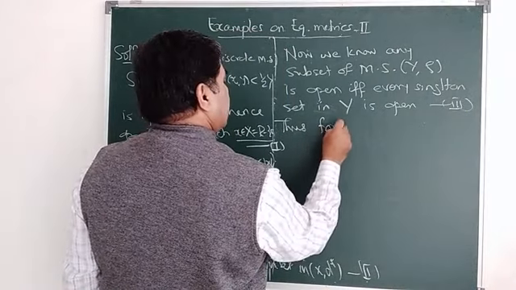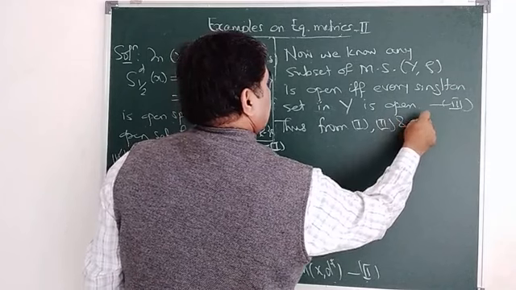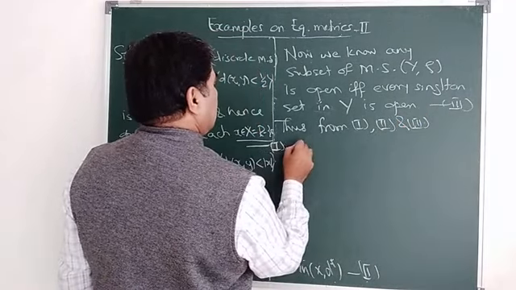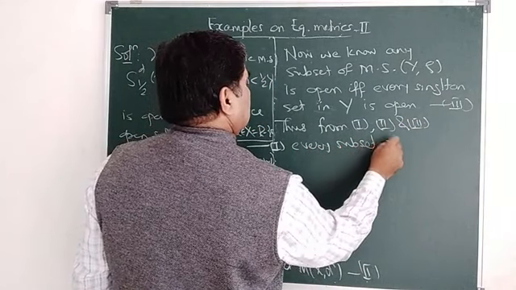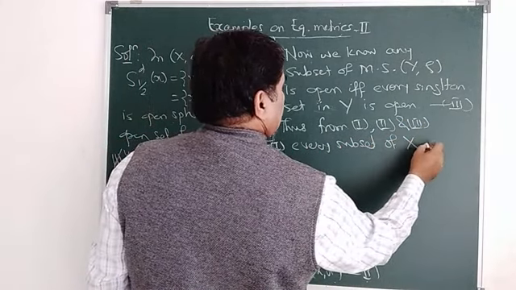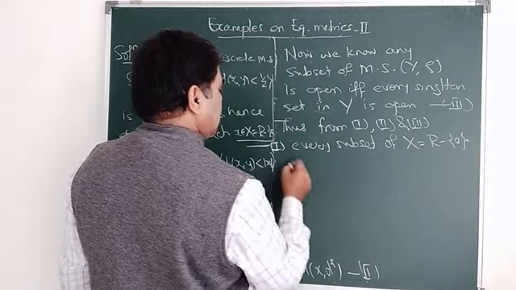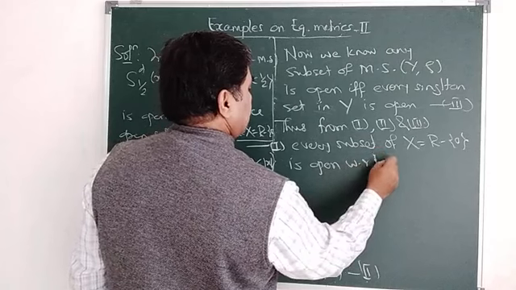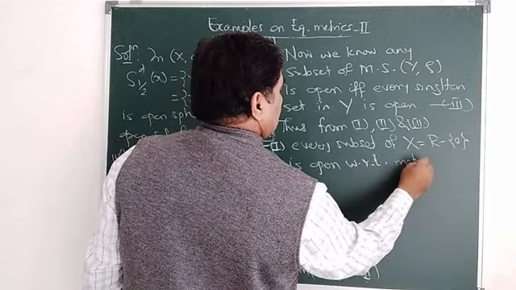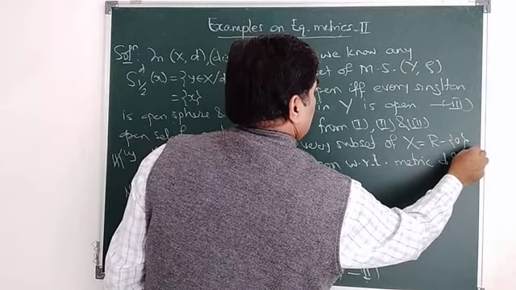From 1, 2 and 3, every subset of x is equal to R minus 0 is open with respect to metric d and d star.